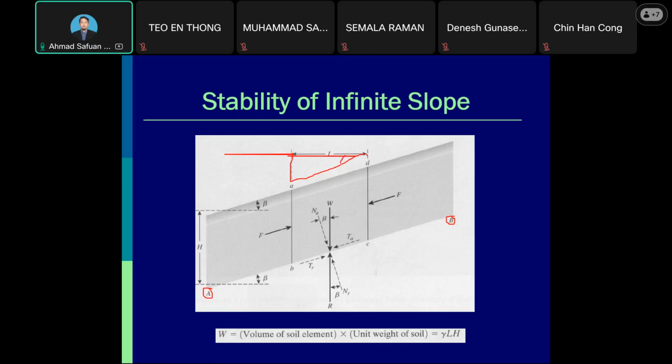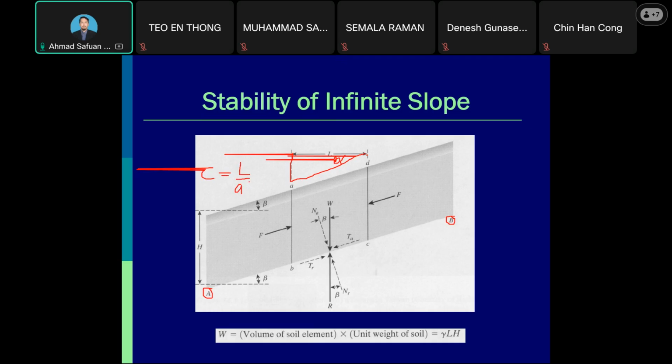So this is beta. Okay. So to get the L in this direction, cos beta is L over AD.